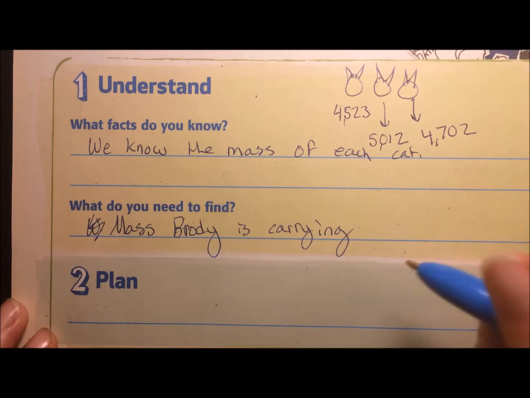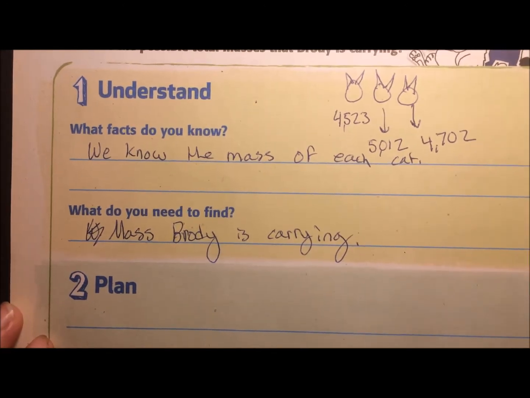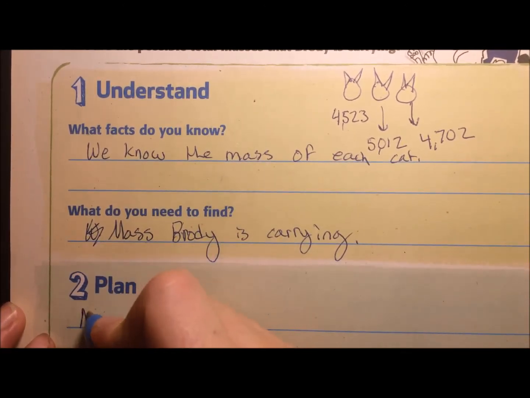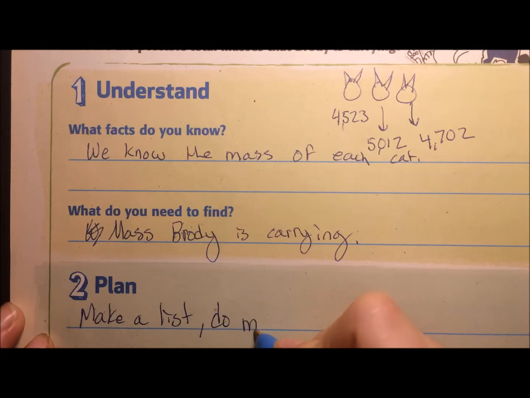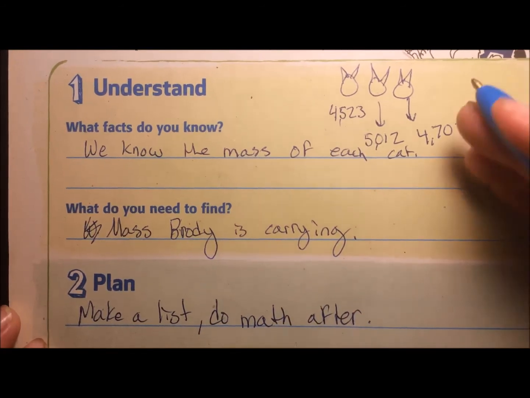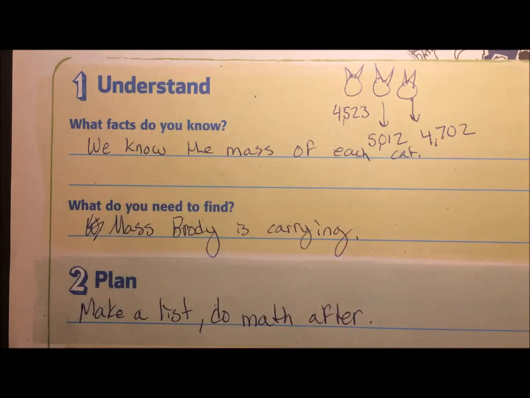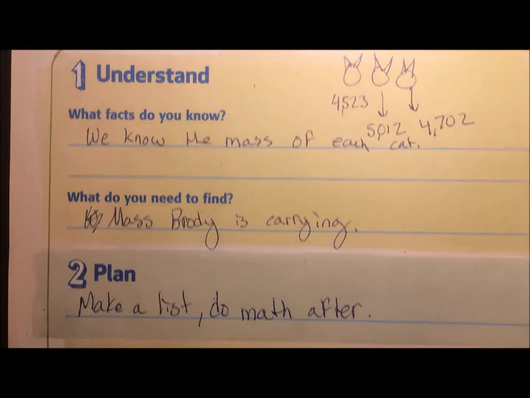So for our plan, let's make a list first and then save doing the math till after. Okay, list, do math after. Because we don't want to be adding all these giant numbers up randomly. We want to make sure that we're adding only the amount of times that we need.